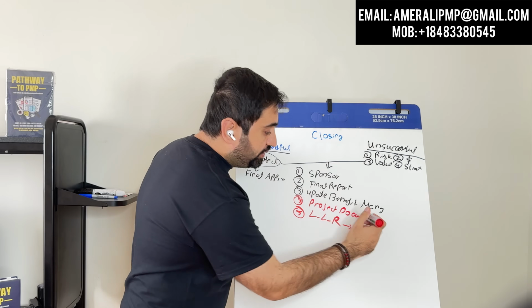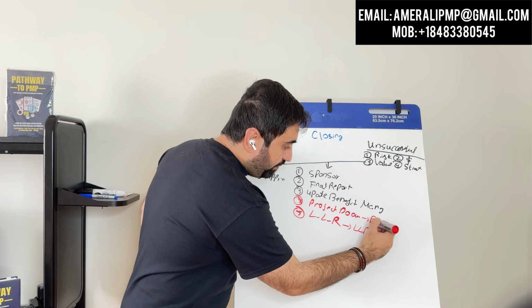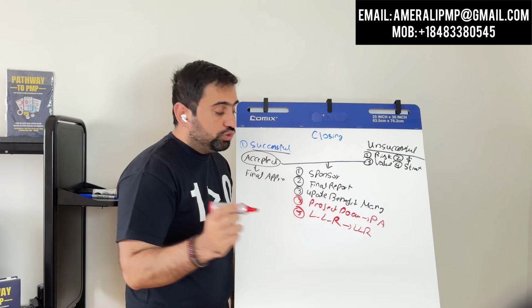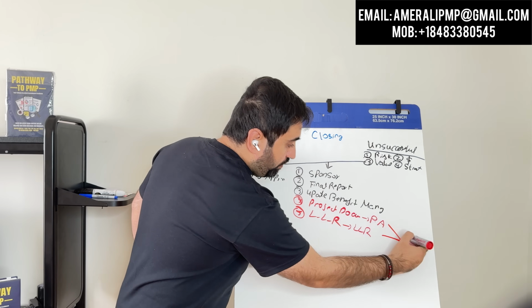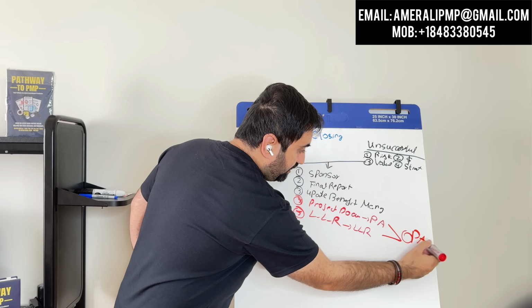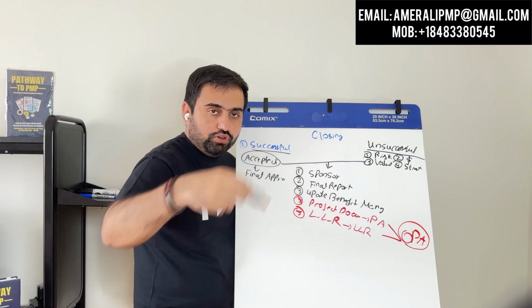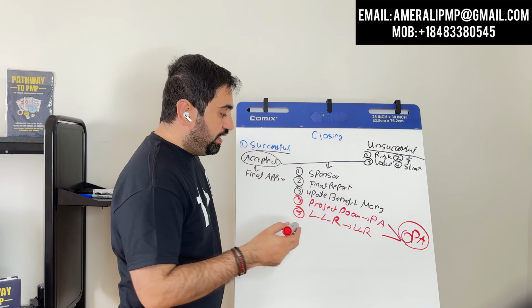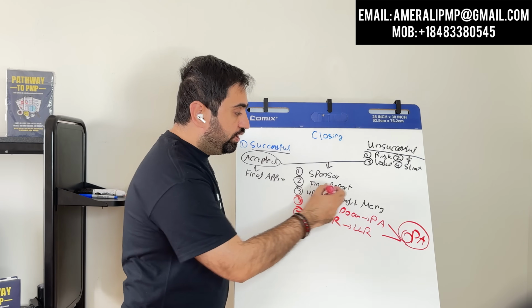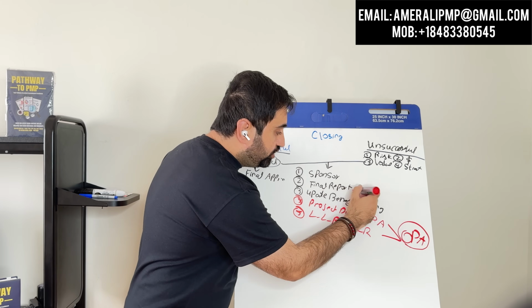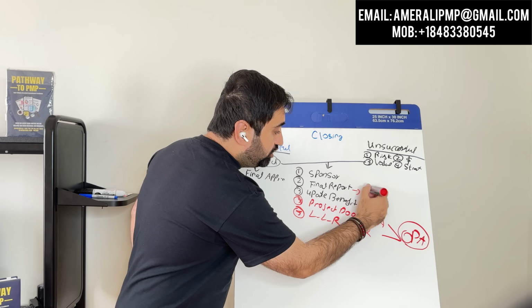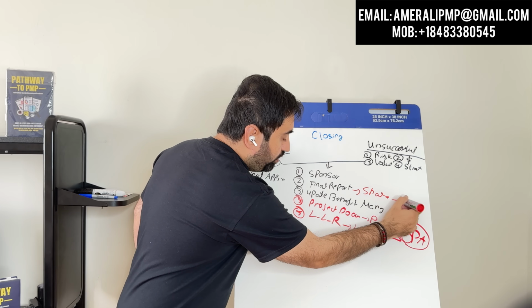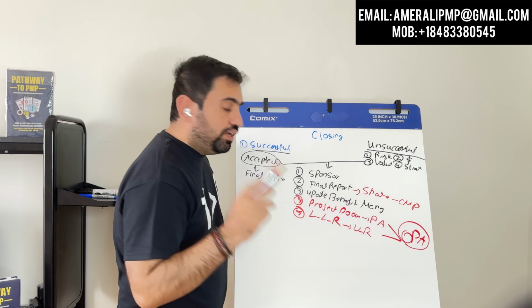Once project documents are updated, they go into the project archive. Both of them will go to OPA, organizational process assets, for our future use. Once this is done and the final report is written, we show it to the sponsor and share it according to the communication management plan. It's an important thing.